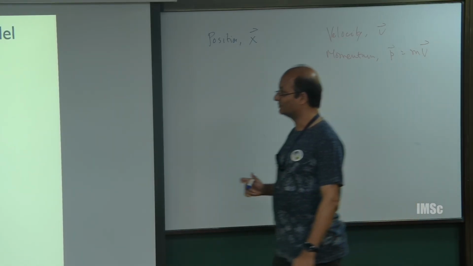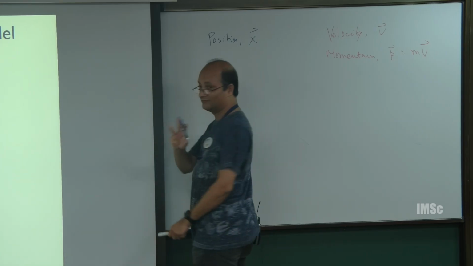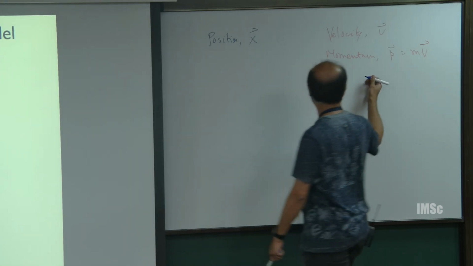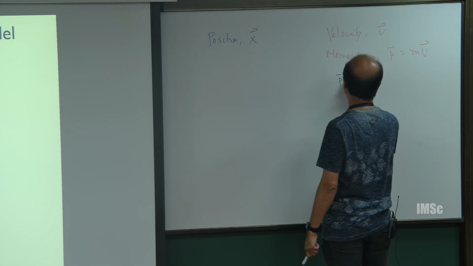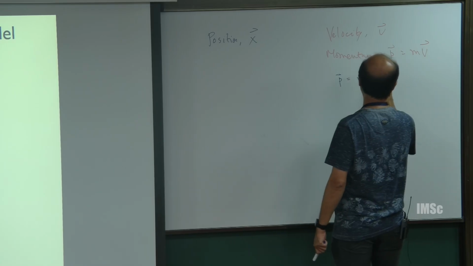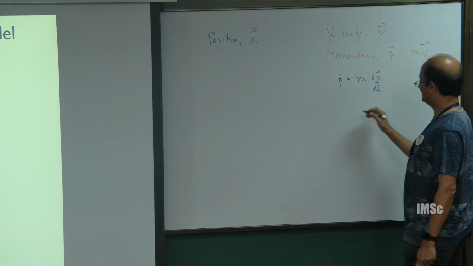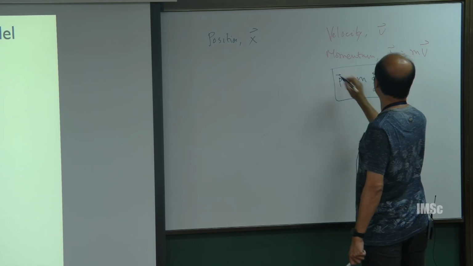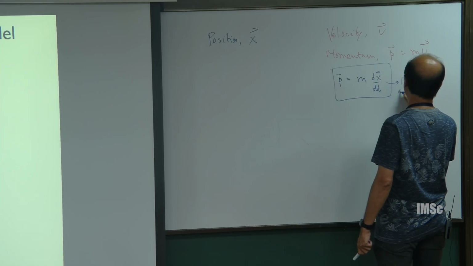Now, why do I write it in this way? Because now I can write that equation in terms of two coupled first order differential equations. First I define my momentum. So p equal to m times dx/dt. This defines a first order differential equation.